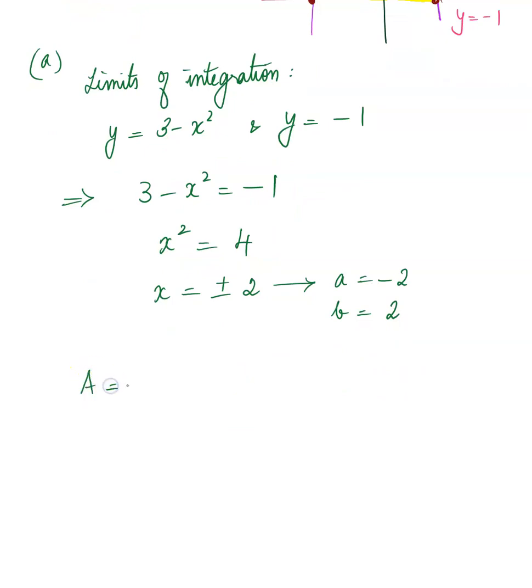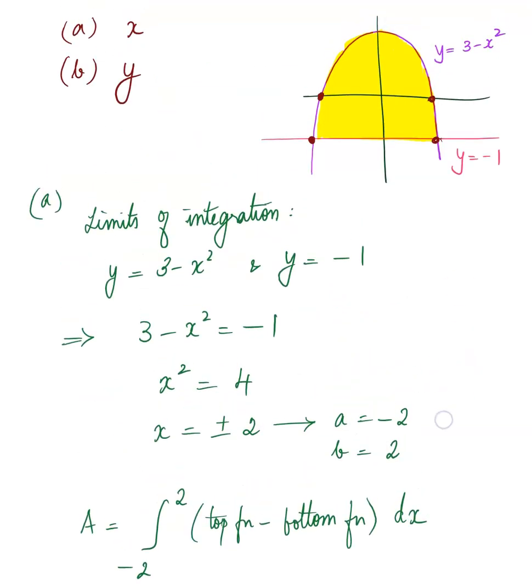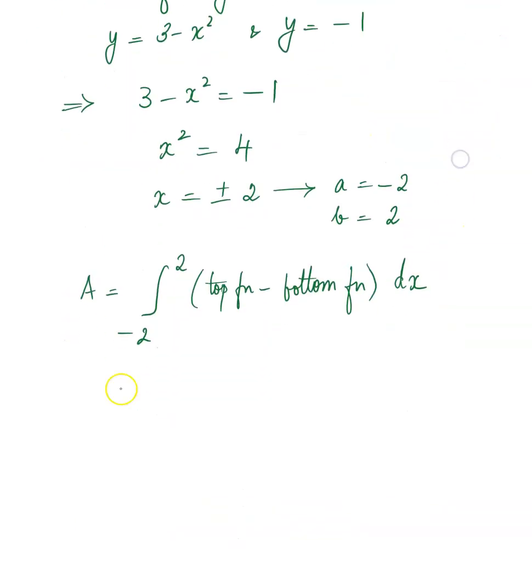Okay? So then our area will be the integral from negative 2 to 2, top function minus bottom function, dx. So top function is the purple function, which is a parabola, 3 minus x squared, that minus the bottom one.